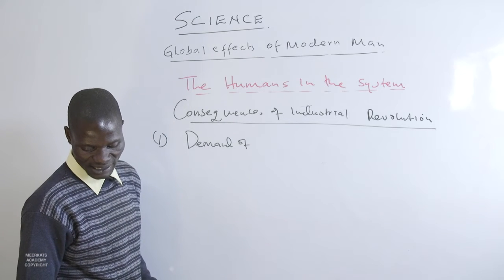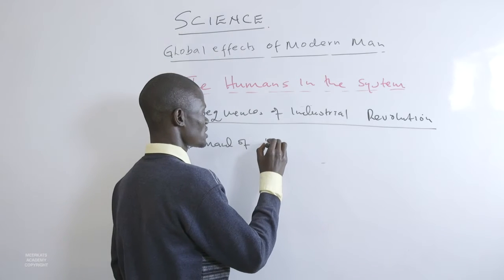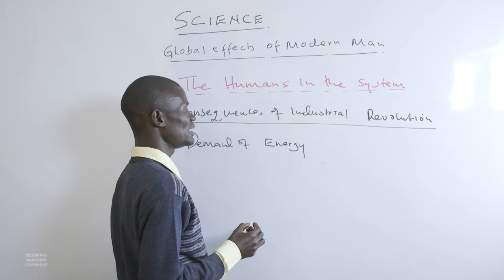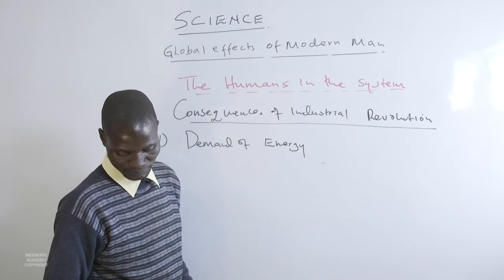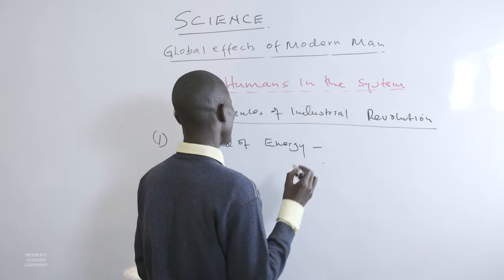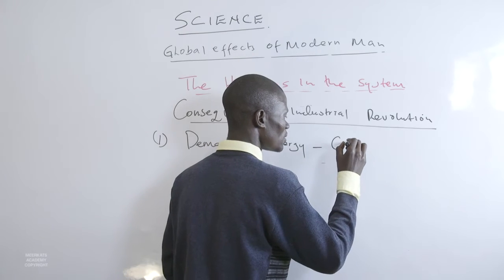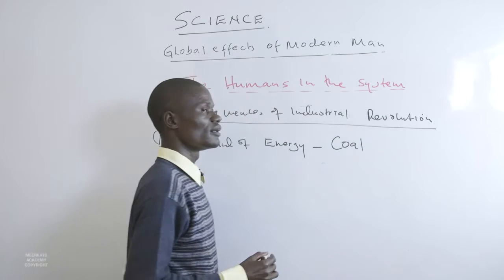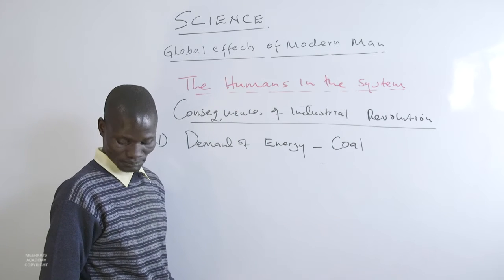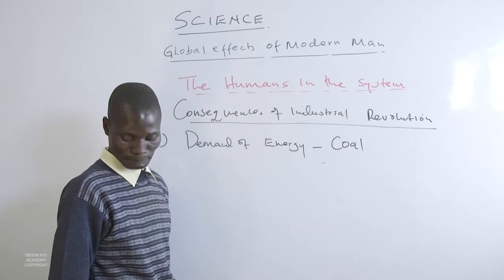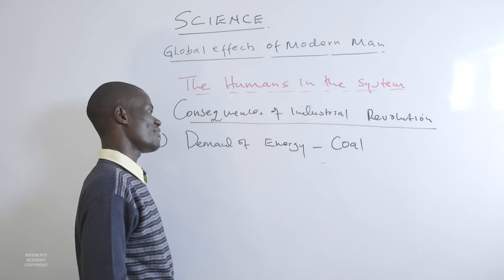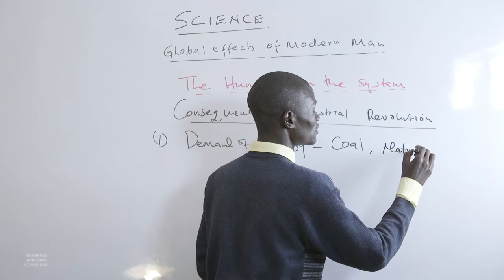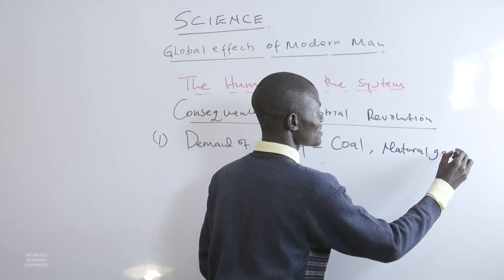There was high demand for energy resources, and many people of the world, or many industrial communities, were able to tap into available non-renewable resources such as coal, which was available to some given extent, and natural gas.